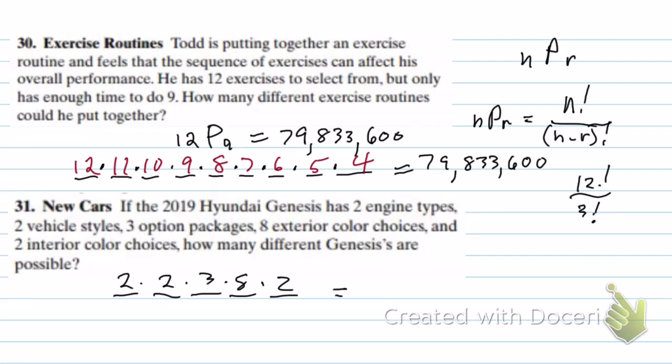So 2 times 2 is 4, times 3 is 12, times 8 is 96, times 2 is 192. Just the plain old multiply rule. That's the kind you hope to see on a quiz.